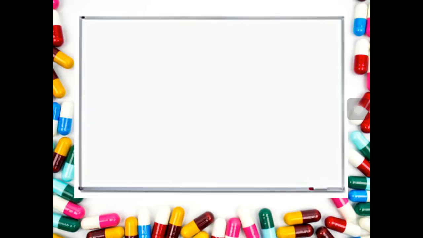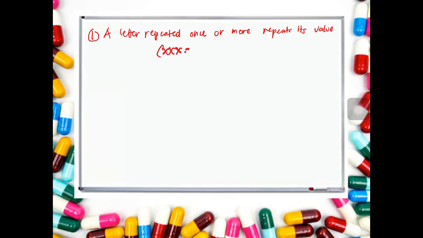Now, let us do a recall on the following rules applied in Roman numerals. Number 1, a letter repeated once or more repeats its value. Just like our example earlier, the triple letter X equals 30.